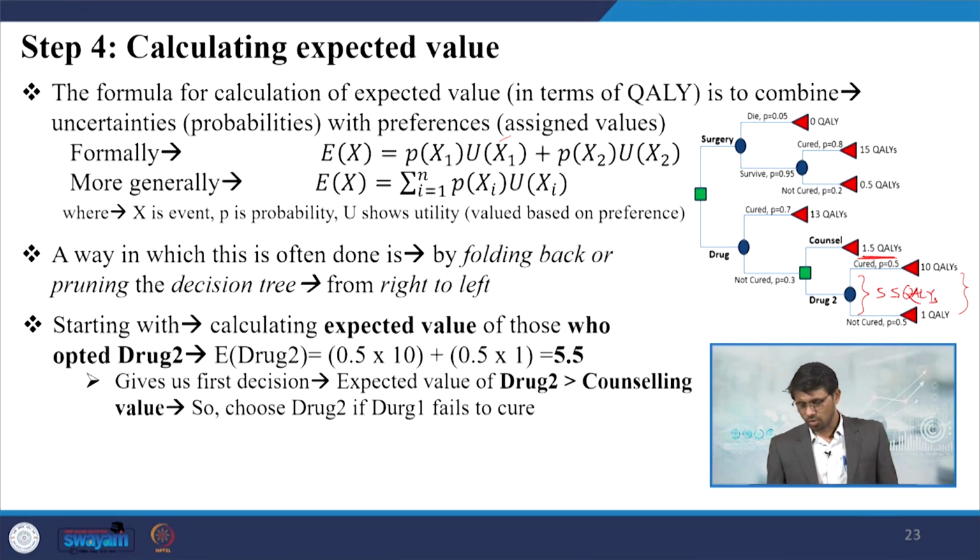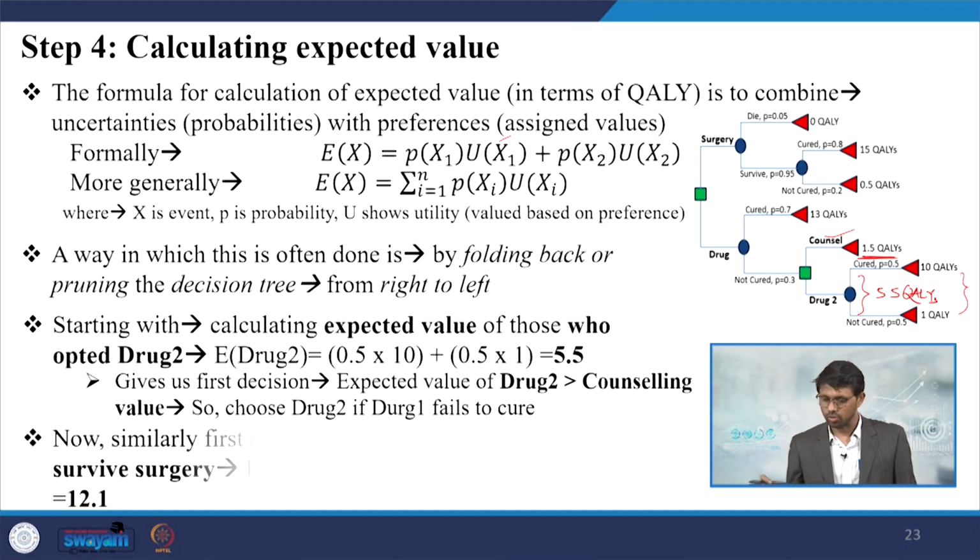Of course, this is greater than the counseling value. So, choosing drug 2 if drug 1 fails to cure, we must actually go for taking drug 2.